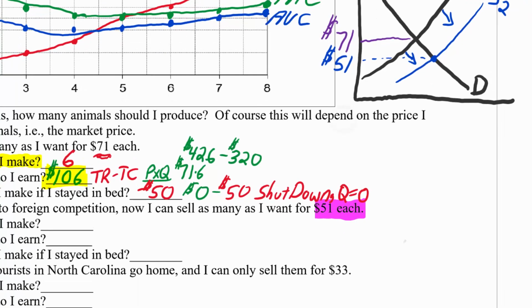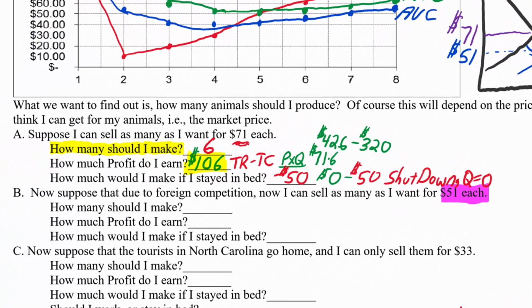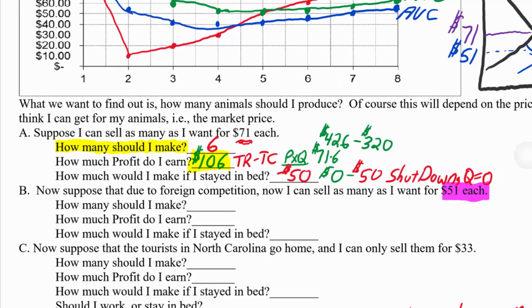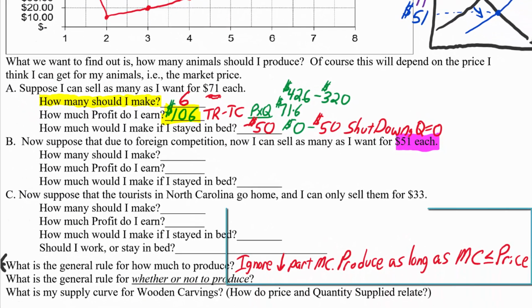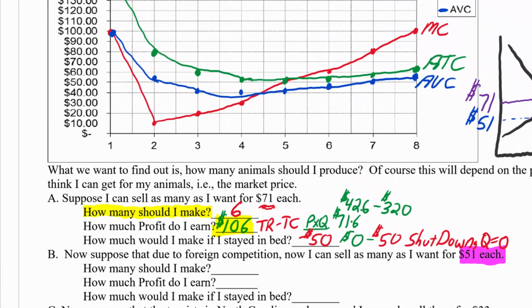Okay, well, how am I going to react if I am this entrepreneur who is selling these chainsaw animals? Let's use this rule. Ignore the downward sloping part of the marginal cost curve. Produce as long as the marginal cost is less than or equal to the price. So we ignore the downward sloping part. We start where the marginal cost bottoms out down here.